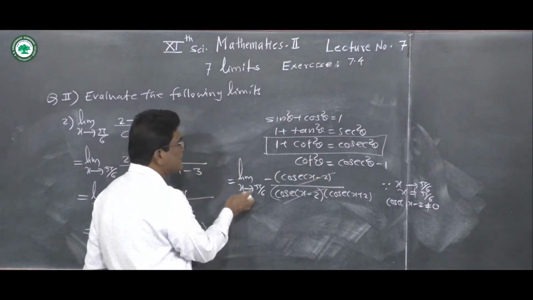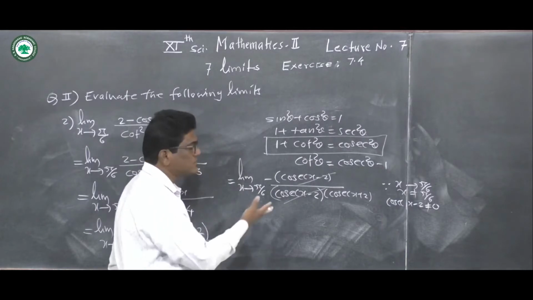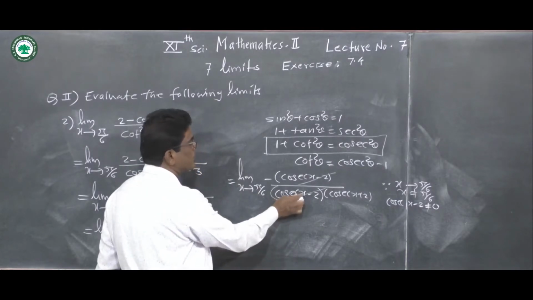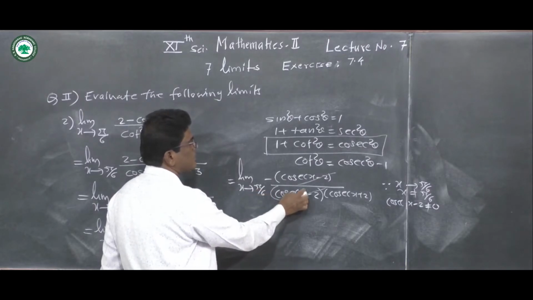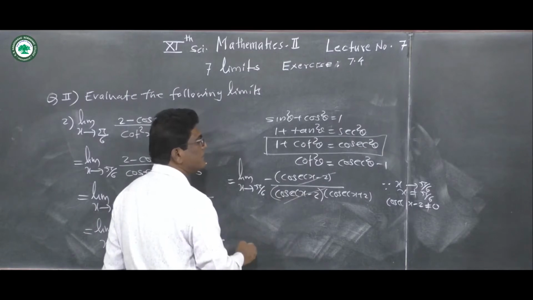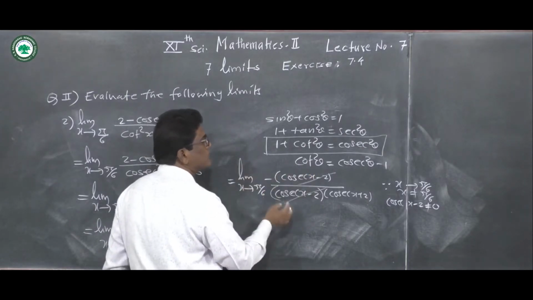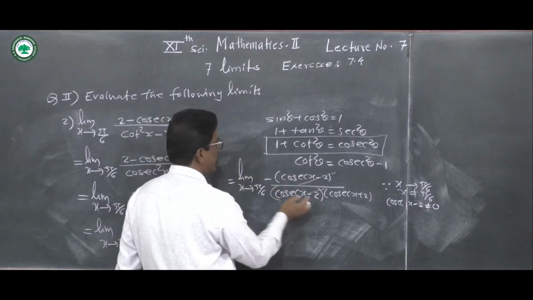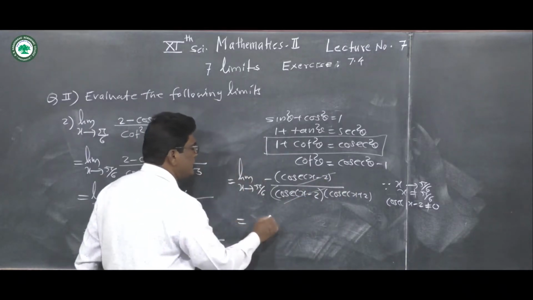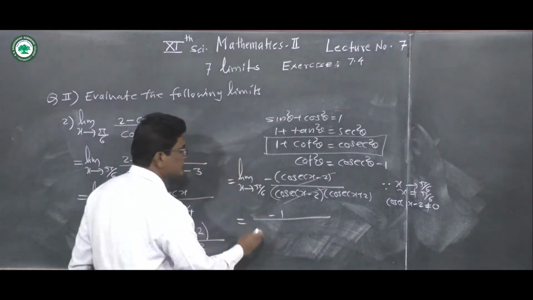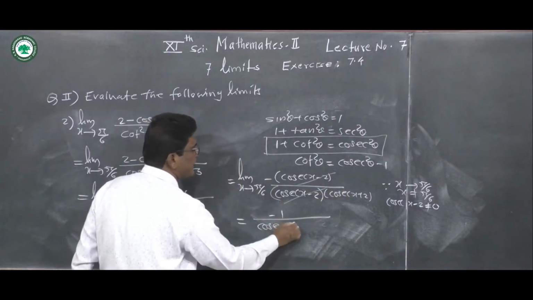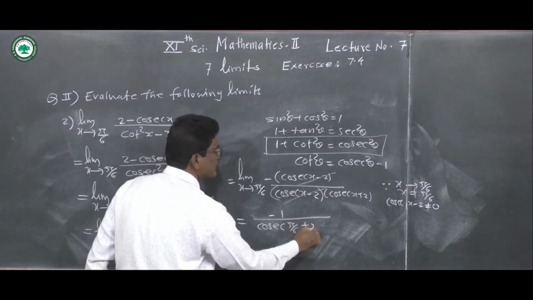And now we put x as pi by 6 directly, because now the denominator is not 0. Earlier, the denominator became 0 if we put x as pi by 6, since cosec of pi by 6 is 2 and 2 minus 2 is 0. That was the difficulty, and we removed it. So it is equal to minus 1 upon cosec of pi by 6 plus 2.